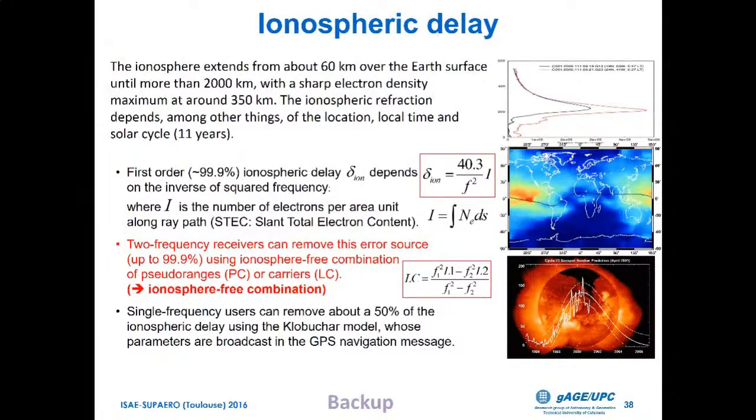This means that using signals at two different frequencies and using this combination of signals, L1 and L2, we can remove the ionospheric error at the level of 99.9%. Then, in this way, we remove the more difficult component of the error to deal with.